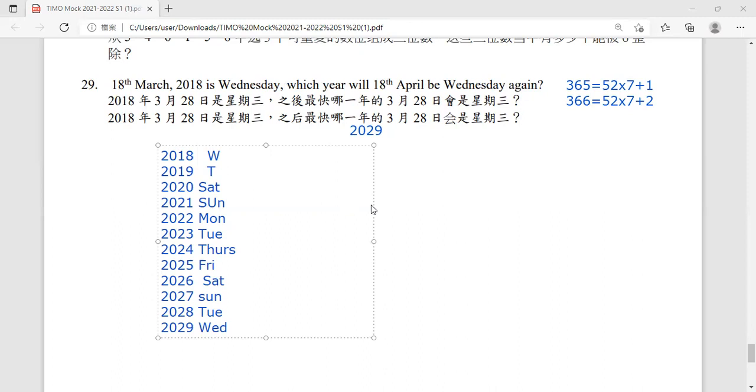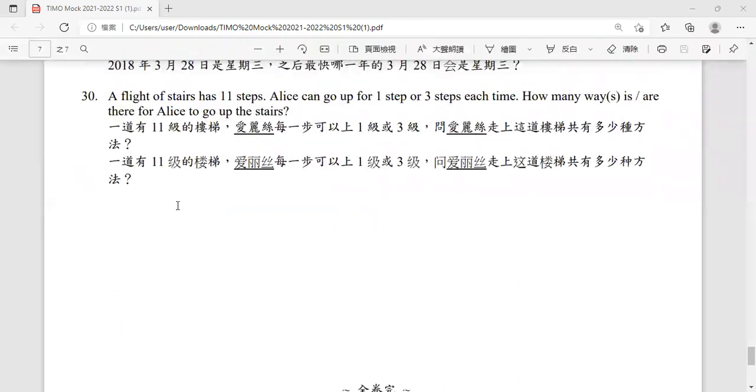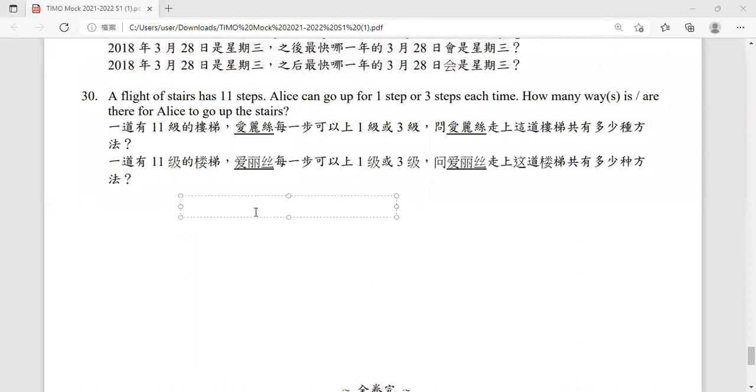Okay, the last question is very easy. You just make a chart yourself. But please bear in mind that we are standing on the ground, so we have step 0. You just do some adding. We start here.